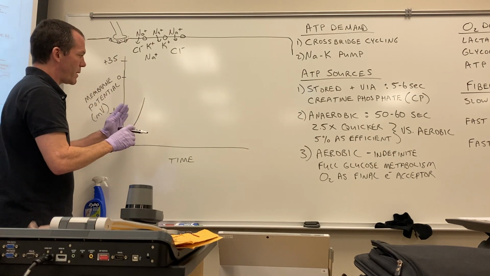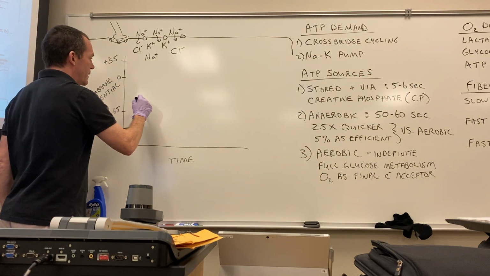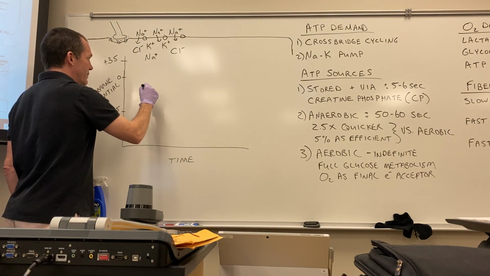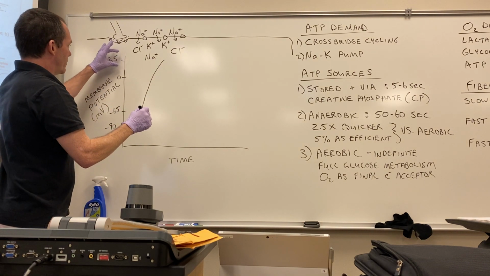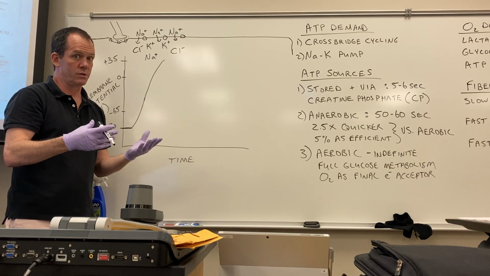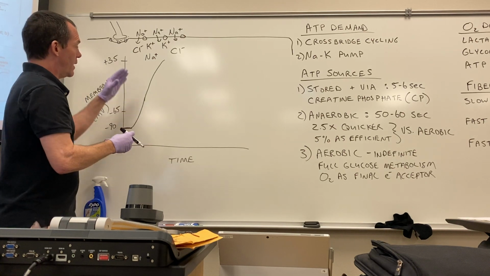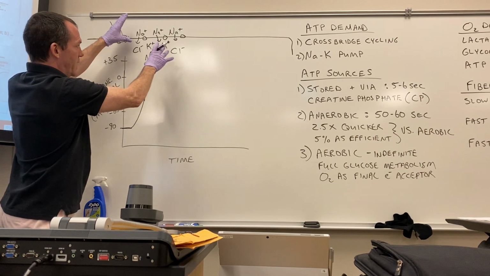So the membrane potential becomes less negative at first, and then it crosses into positive territory and reaches this point, which we'll ballpark at about plus 35 millivolts. So the inside is now positive compared to the outside.